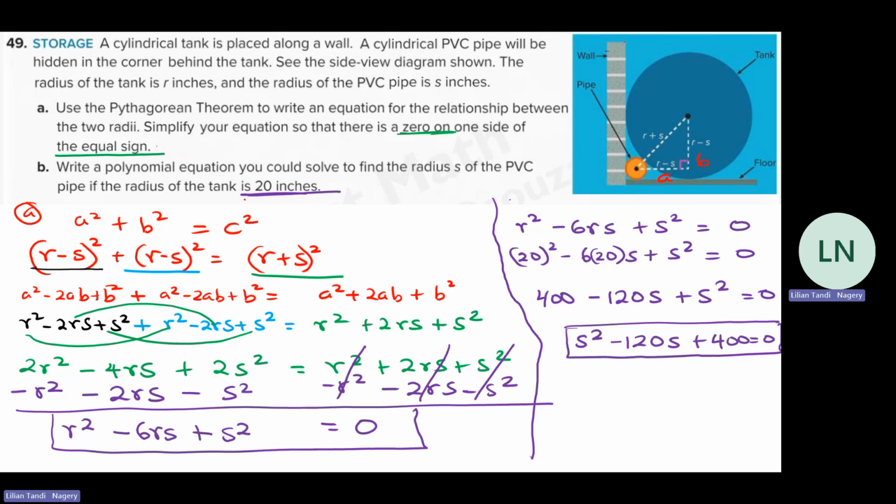It says polynomial equation, so this will be the equation. If the question asks what the possible values for s are, then I will draw my table, do my B and AC, and remember what we did before. Okay, we'll stop here until the next video.